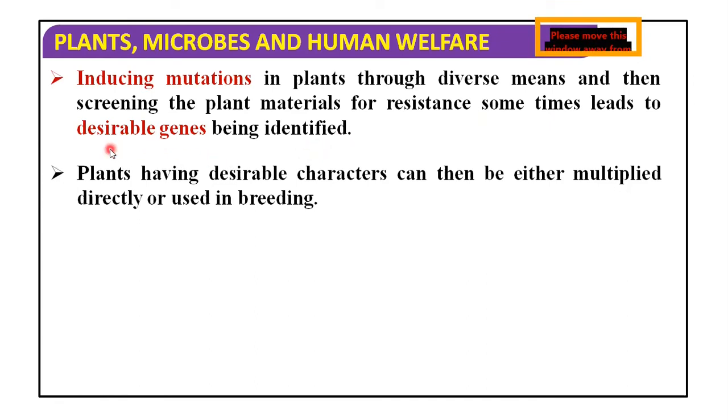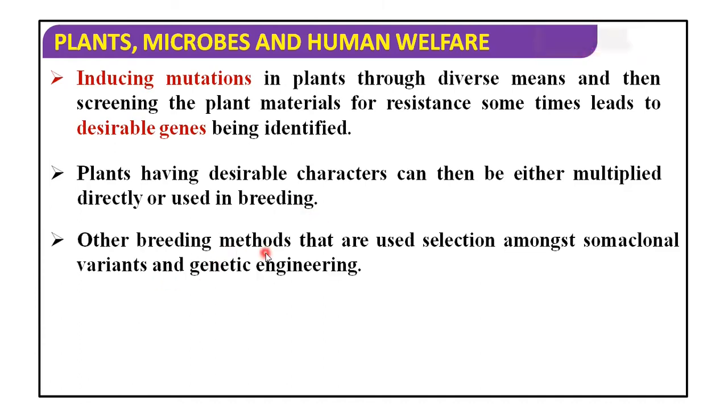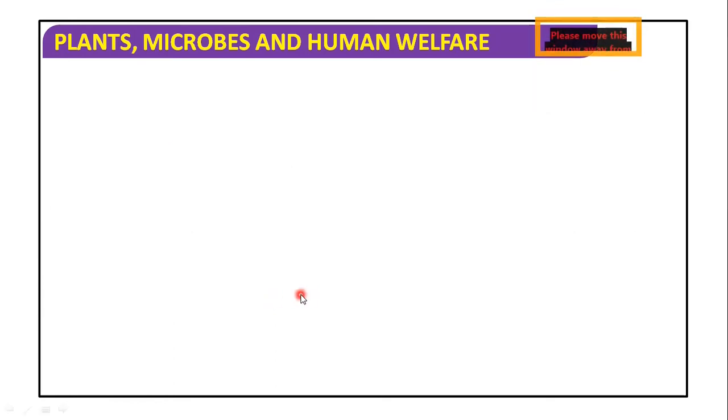So, for disease resistant plants, we have to identify the desirable genes which are resistant to the diseases. Plants having desirable characters can then be either multiplied directly or used in breeding to increase the crop production. Other breeding methods that are used are selection among somaclonal variants and genetic engineering, which are very important techniques in plant breeding.